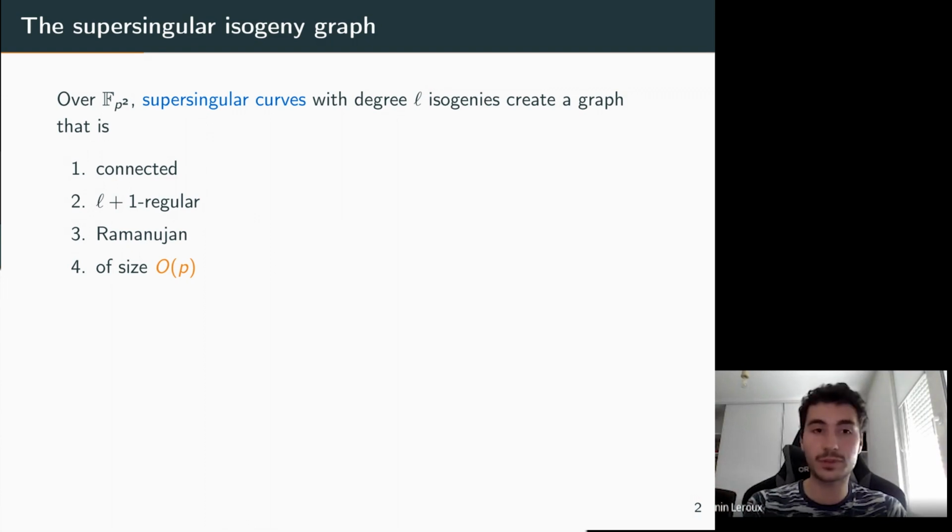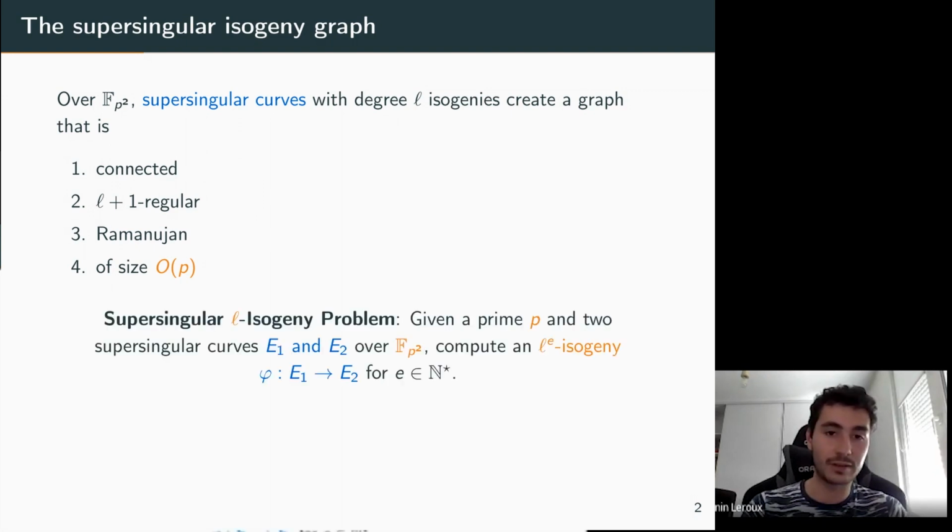In the case of supersingular curves, which is essentially a family of curves, I'll explain a little bit later what a supersingular curve is, but it does not really matter. We have very nice properties about this graph, which is all connected, which has exponential size, and which is Ramanujan. This is also important because it will give a good mixing property to this graph.